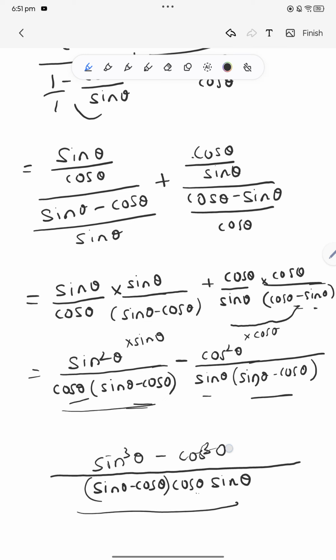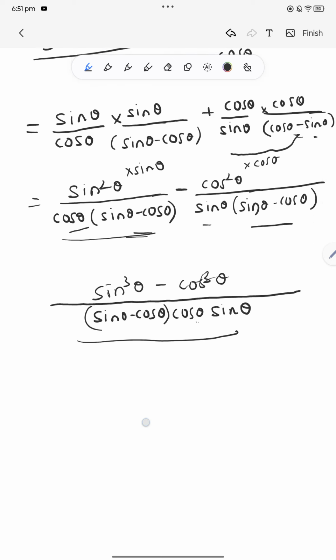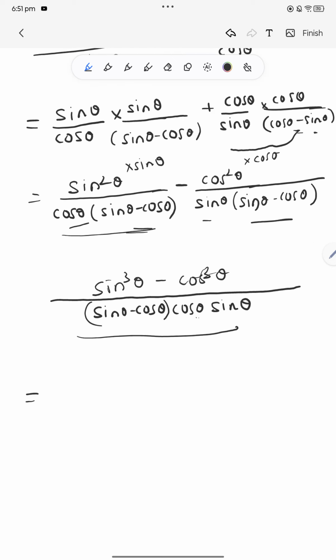cos cube theta, remaining as it is. Now we can write a cube minus b cube. What is a cube minus b cube? A minus b into a square plus b square plus ab.